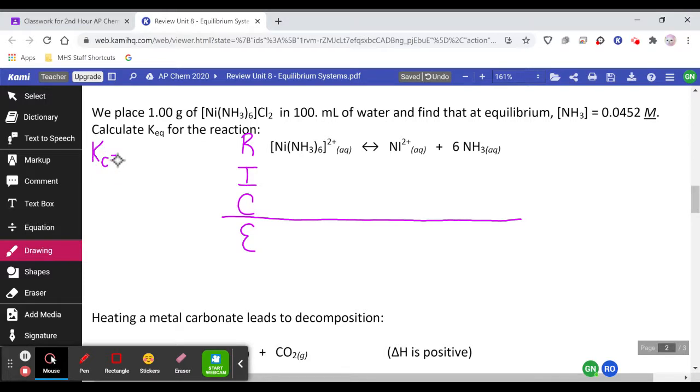It's going to be equal to my Ni2+ concentration times NH3 raised to the 6th power over my reactant. I guess it'd be a double bracket there.